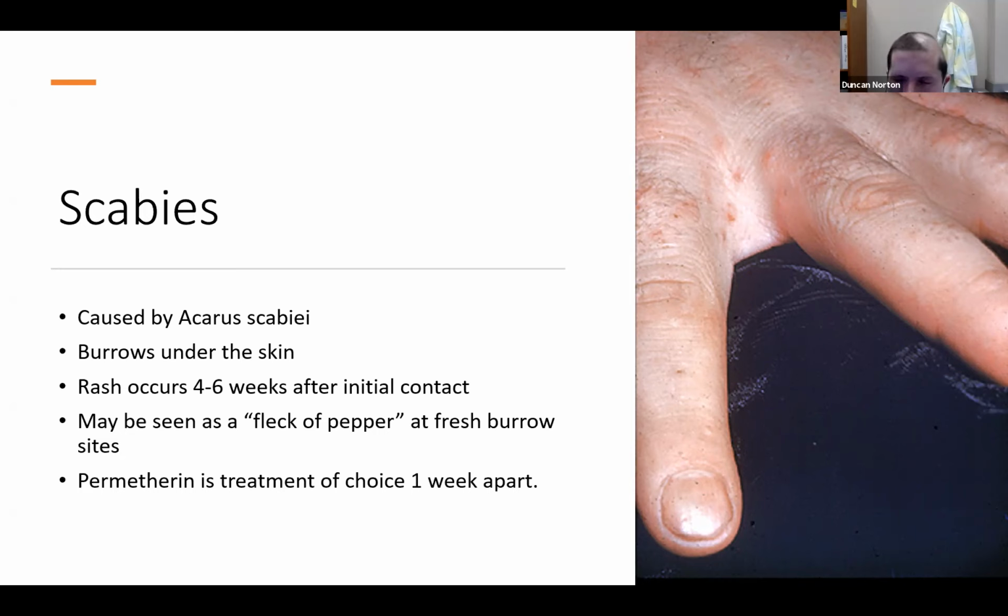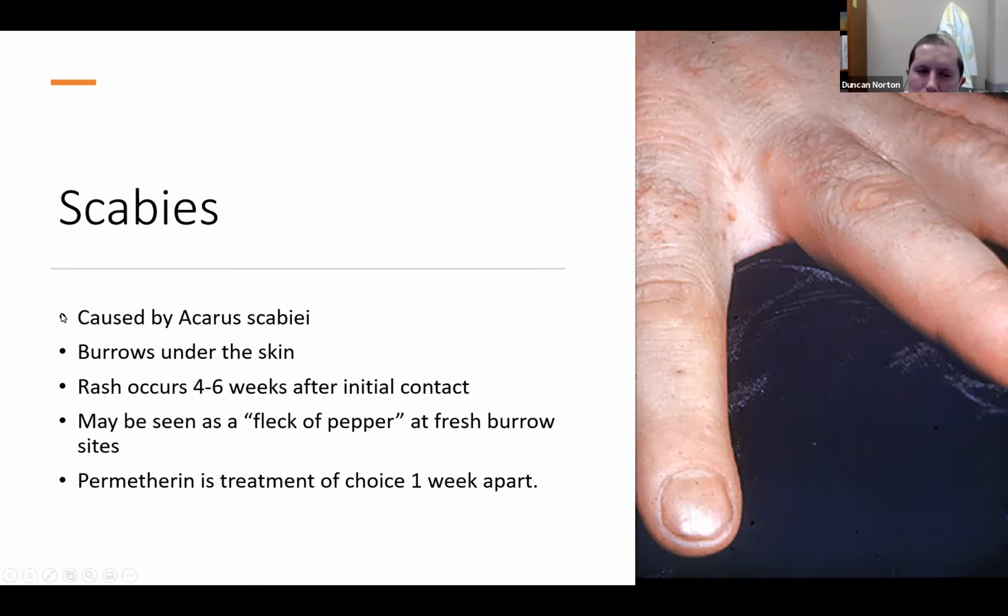But you don't typically see the rash until you've got more of a chronic infection. It peaks at 4 to 6 weeks. The rash may initially appear like a fleck of pepper, and that's where you've got a fresh burrow. Permethrin is the treatment of choice, and you have to treat initially and then do another treatment 1 week apart.